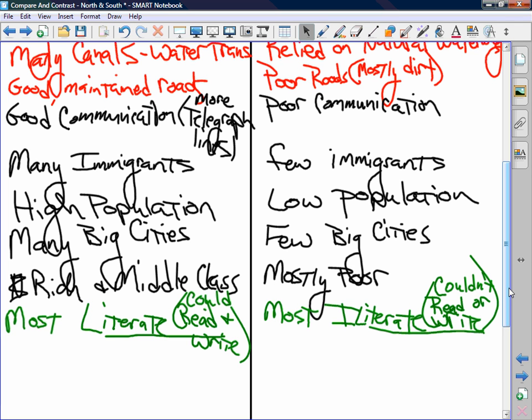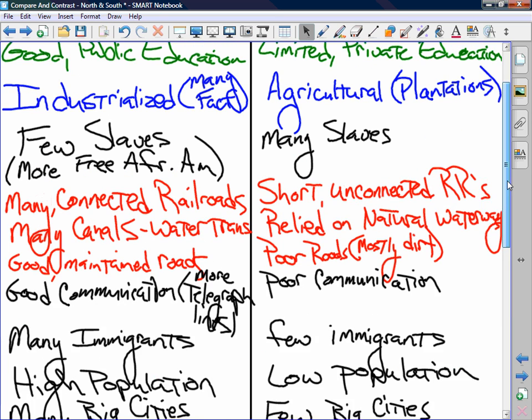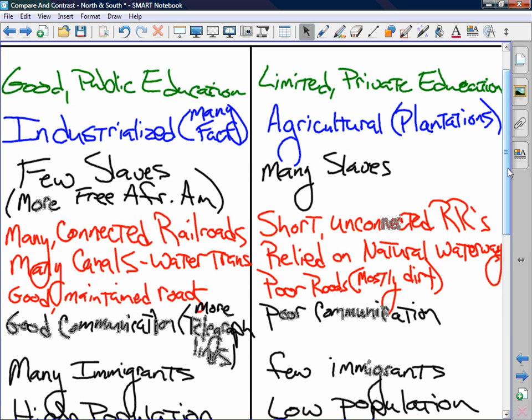Now, look at all these comparisons. Good public education, limited education, and it was all private, focusing, remember, on the Bible and classical literature. The North was industrialized. They had factories, machines to make things. The South was agricultural. They had plantations.